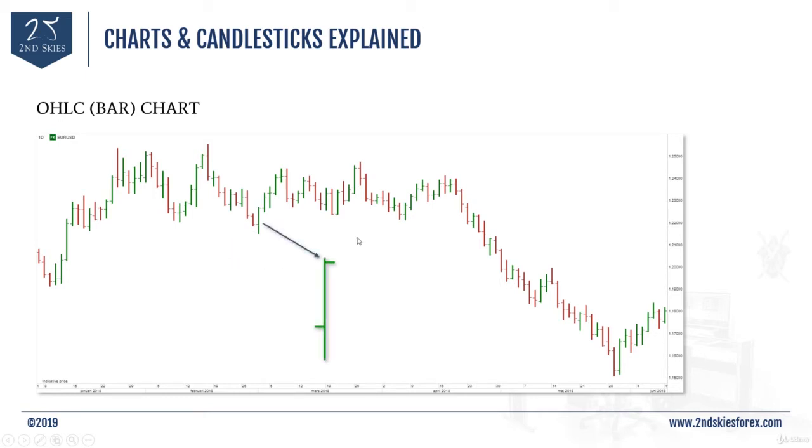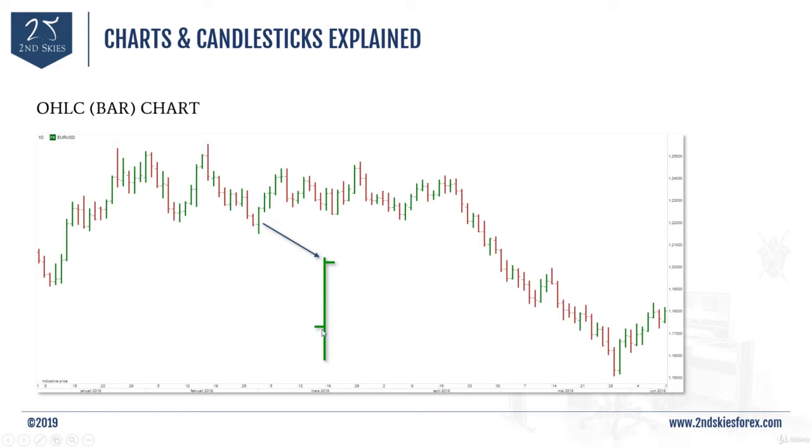And if we look at what these bars represent, first of all, you have the vertical line in the middle, which represents the entire price movement during that day because it's a daily chart. And to the left and to the right you have these horizontal ticks.